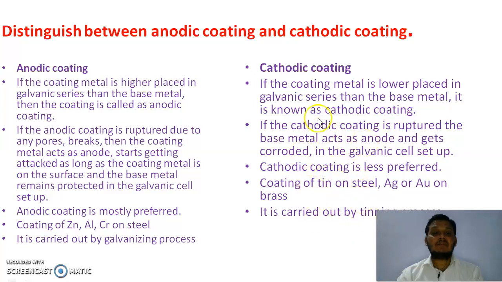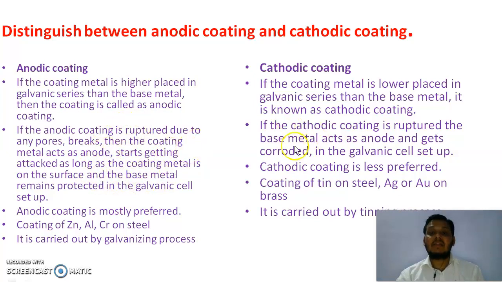See, if the metal in anodic coating is ruptured due to any pores or break, then the coating metal acts as an anode and starts getting attacked as long as it is on the surface, and the base metal remains protected in the galvanic cell setup. Even when the coating metal is ruptured, the base metal cannot get corroded.